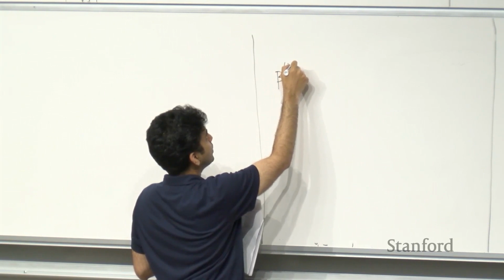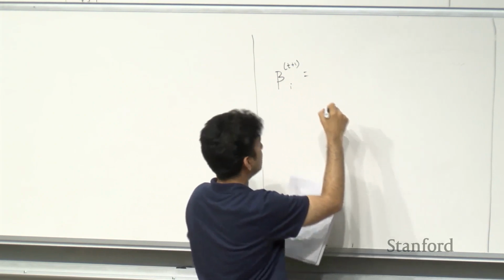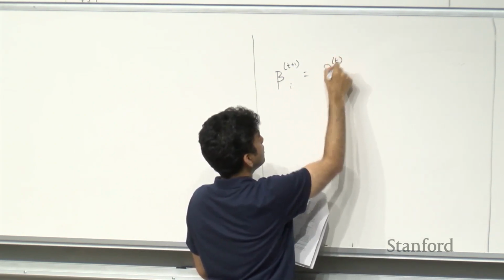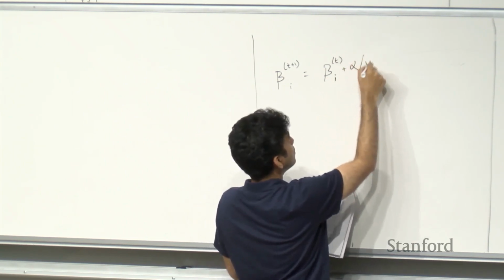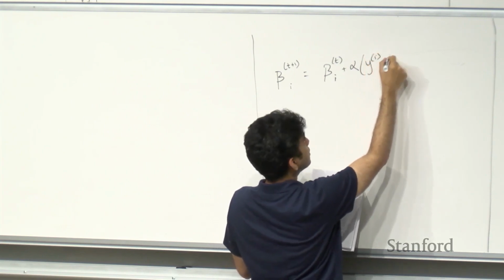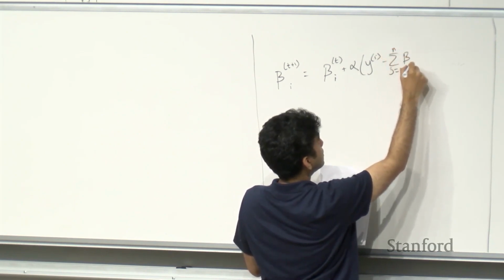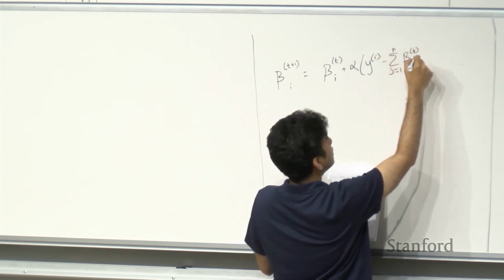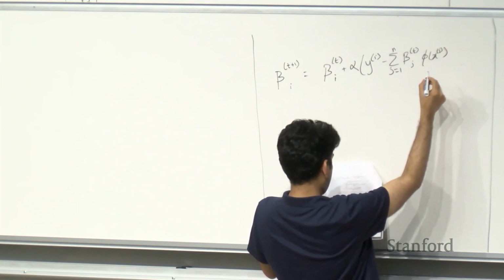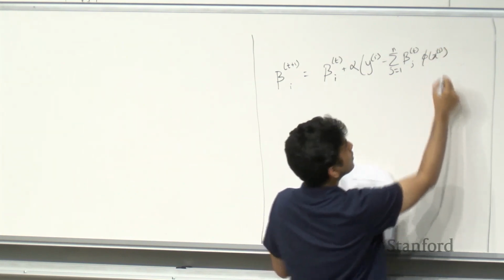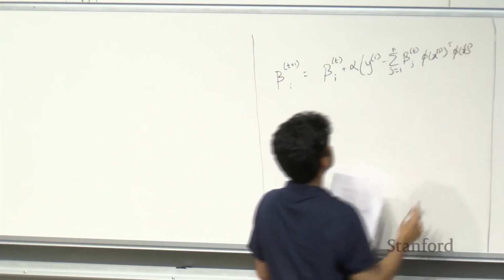beta_{t+1} of i is equal to beta_t of i plus alpha times (y_i minus the sum over j equals 1 through n of beta_j of t times phi of x_j transpose phi of x_i).